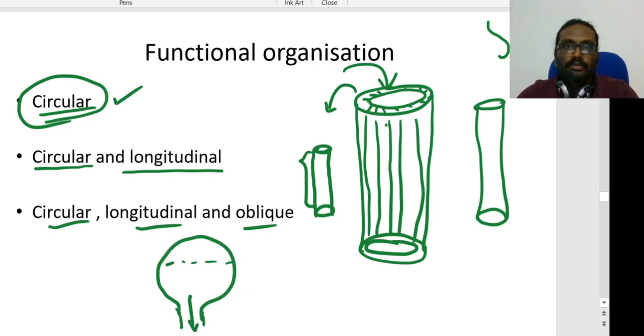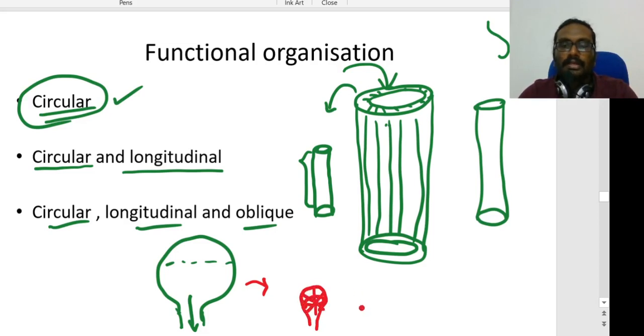In such a situation, when a contraction occurs, what will you find? See, it becomes like this, it contracts. So we have circular arrangement, longitudinal arrangement and oblique arrangement.